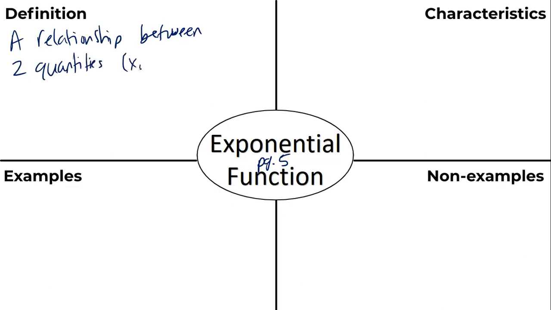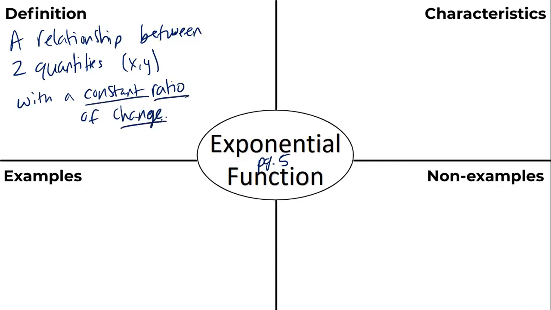And of course, they're going to be x and y. Now, this is different. It's with a constant ratio of change. So we're looking at a constant ratio of change. That's saying to get from one y to the next, I am multiplying by the same number.